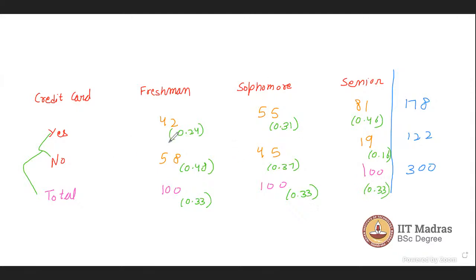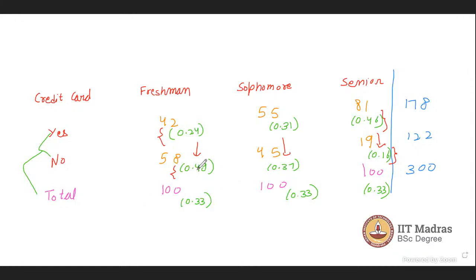So as you can see, for the first row the set is something like 0.24, 0.31, and 0.46. But for the second one it's 0.48, 0.37, 0.16. These two are not similar, right? So, sir, this means that there is a relation. Yes, it means the row relative frequencies are not similar over here.